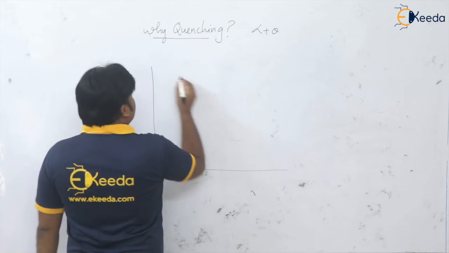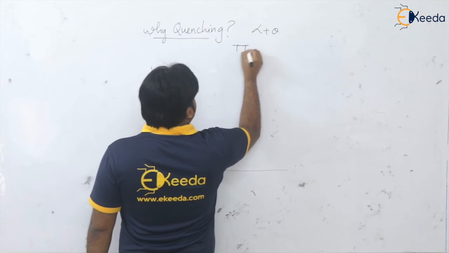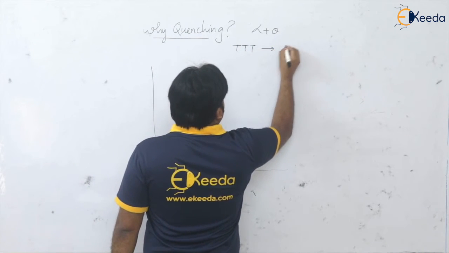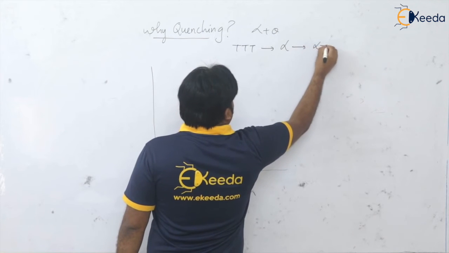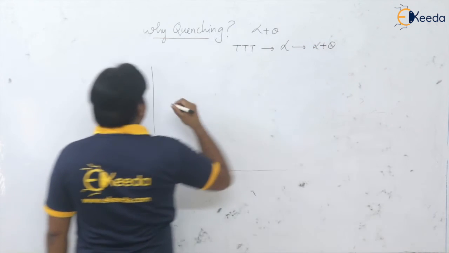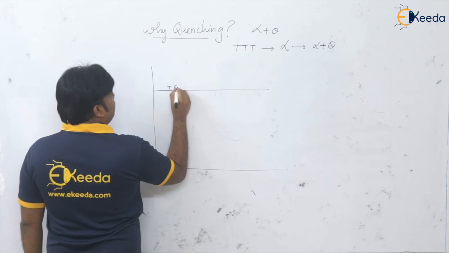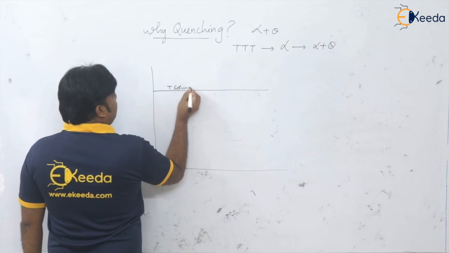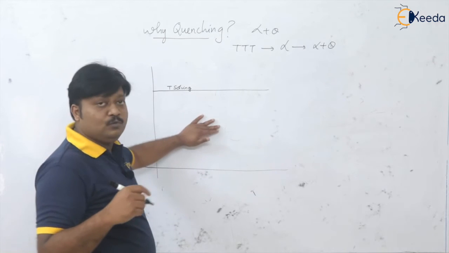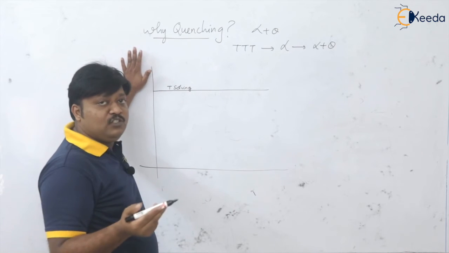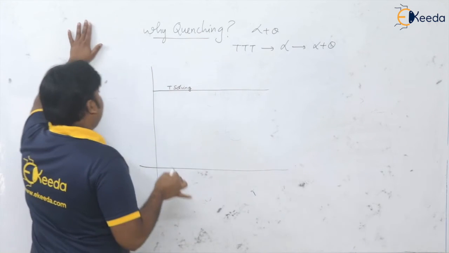For this TTT, for this reaction alpha gives alpha plus theta, that is our precipitation reaction. So here I have T solvus, because below that only we are going to quench it, and above T solvus there will be the pure alpha, isn't it?